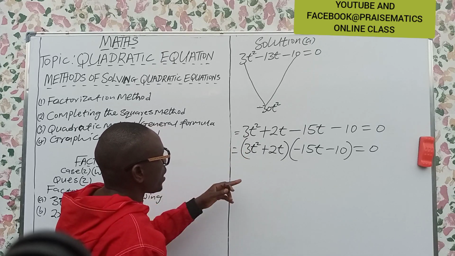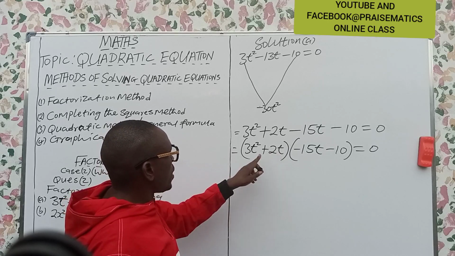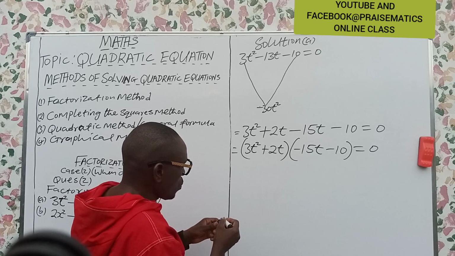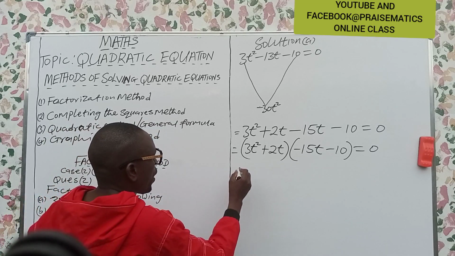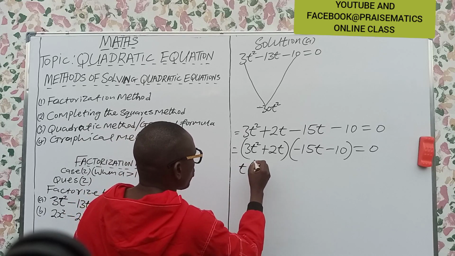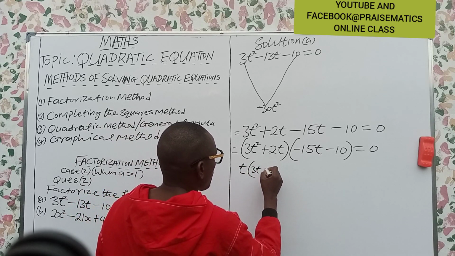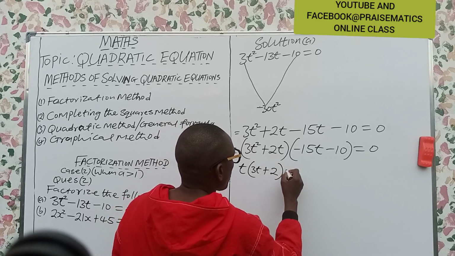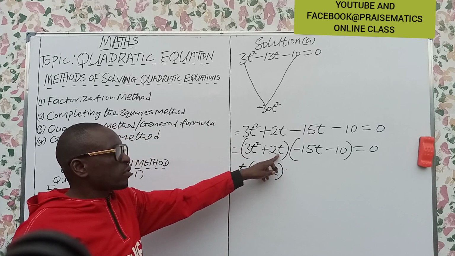Here there's 1t, and there's 2t here. So pick t out, which means you factor t out.